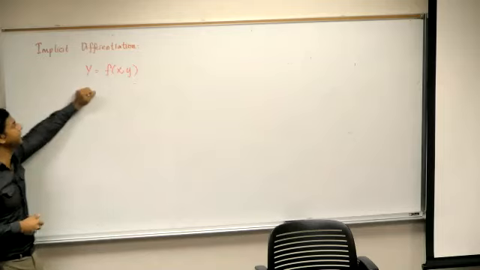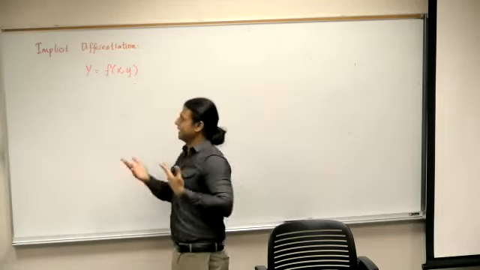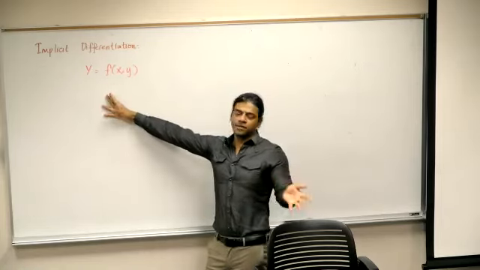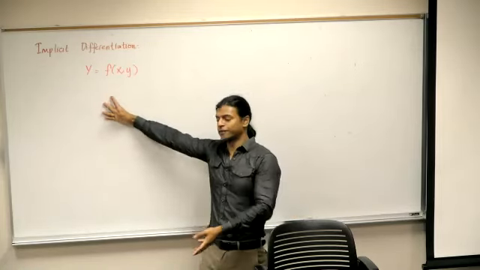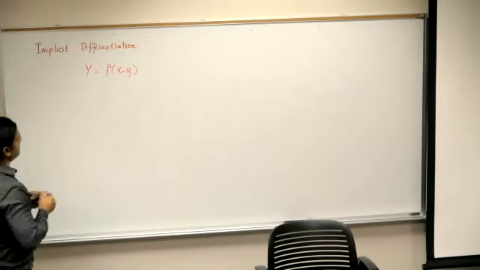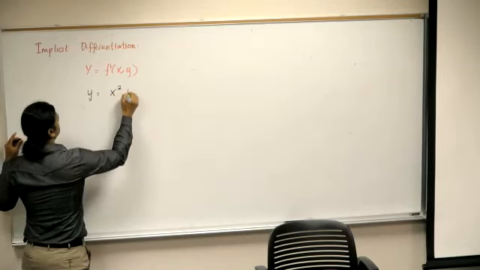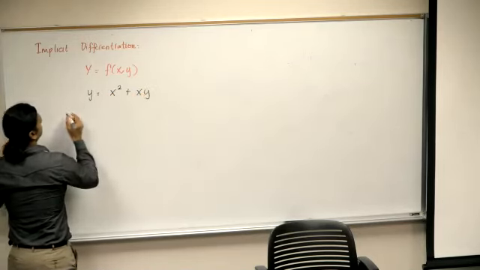This shows up in implicit curves and parametric curves. Clearly, in most cases, this is not going to be an actual function by definition. So a good example would be y equals x squared plus xy.